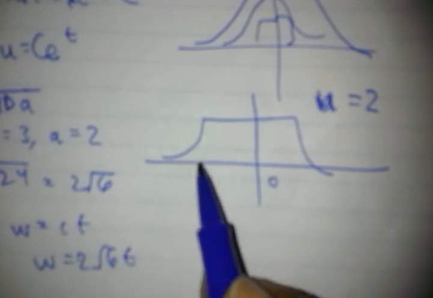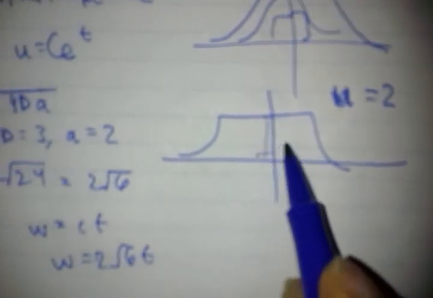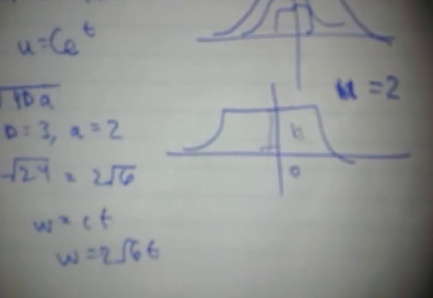So it's equal to 2 root 6 times t. If a problem asks, at t is equal to 100, what does it look like? That. If t is equal to 1,000, what does it look like? Well, that, with the changes in width. Yes, so that is how I think about this problem.